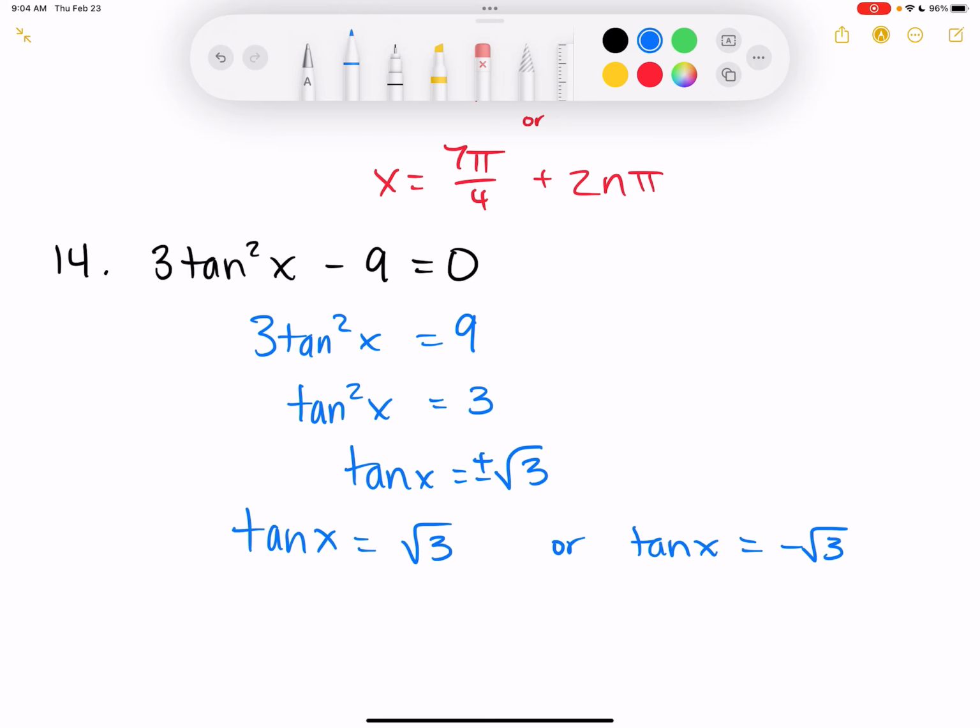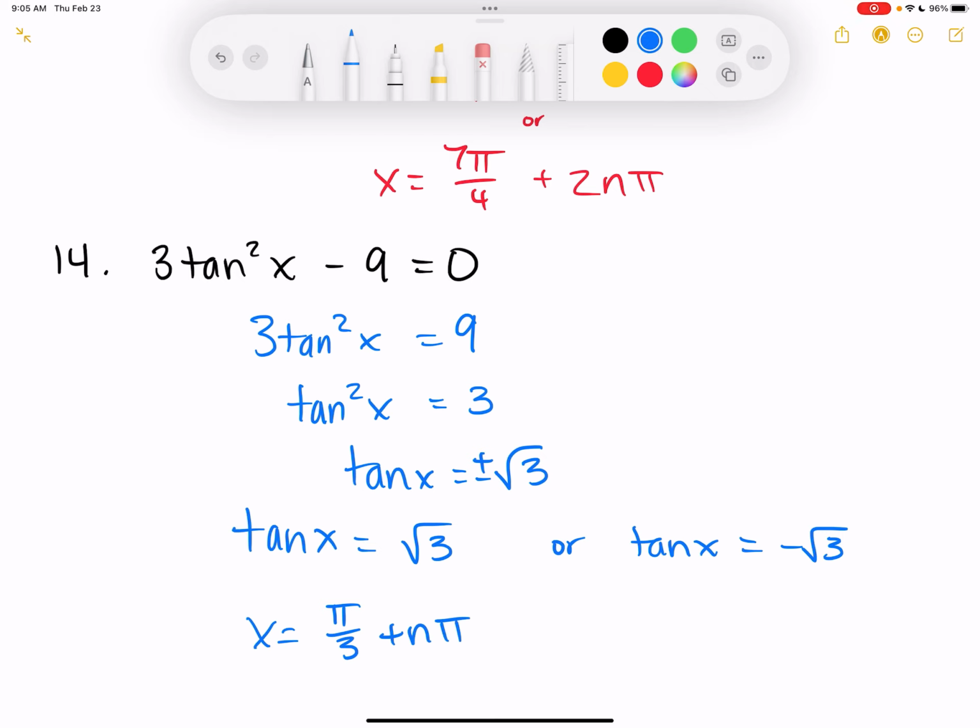So where is tangent equal to the square root of 3? Pi over 3 and 4 pi over 3. Okay, so I want the most general one, so I want the simplest one. So pi over 3 plus n pi, because adding n pi gets me to 4 pi over 3. If I add n pi again, it gets me back to pi over 3, or whatever the increments of that are as you go up.